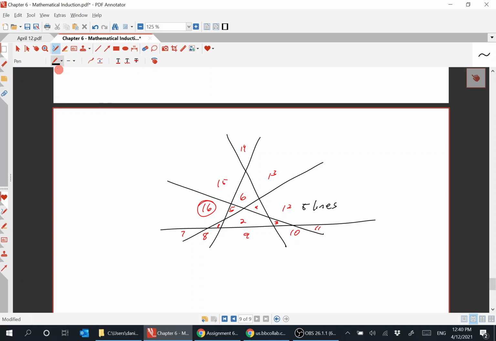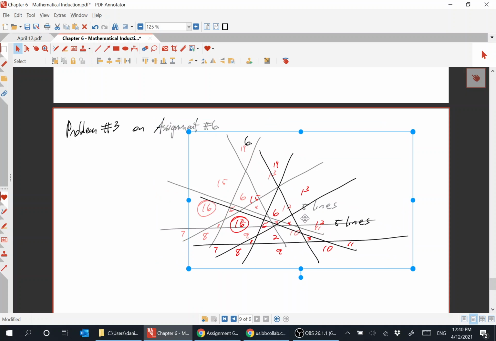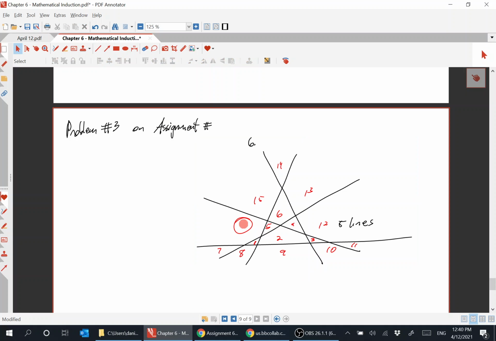So for problem number 3 on assignment 6, let's take a look at the 16 regions here given by 5 lines.